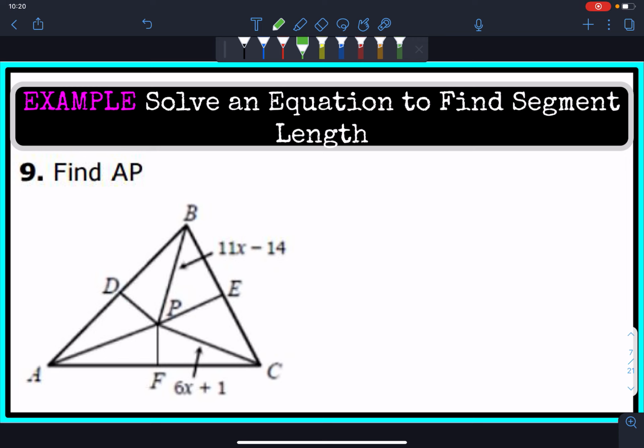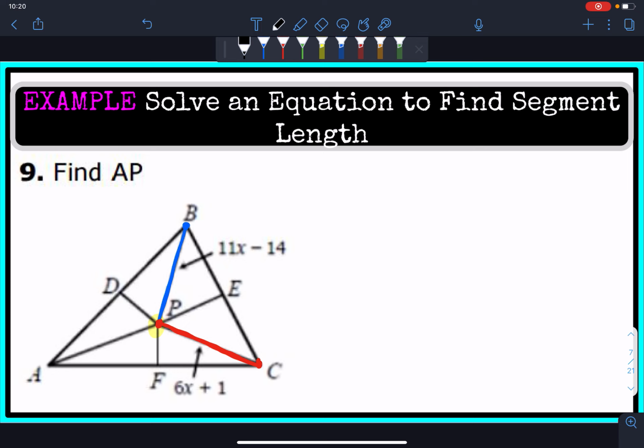Let's use a different example now with the circumcenter. So now look at here again. P is our circumcenter, which means again that the distance from that circumcenter to the vertex B, this blue line here, is going to equal the same distance from the circumcenter to one of the other vertices, like in this case C. So these two lines, this blue line and this red line, are congruent.